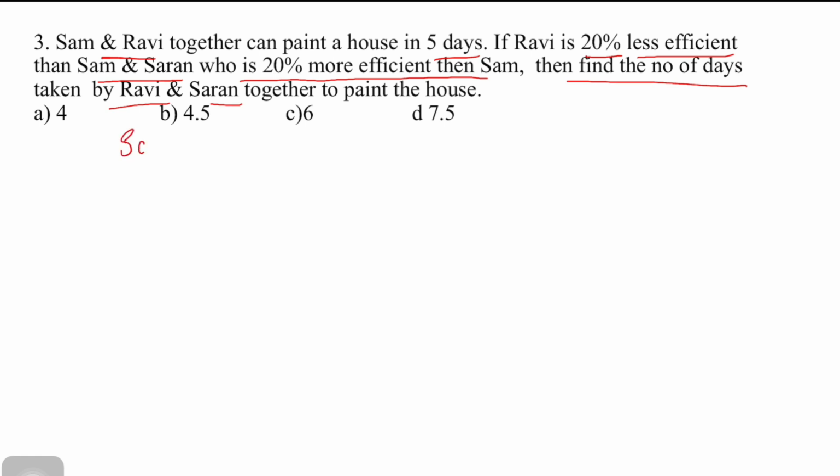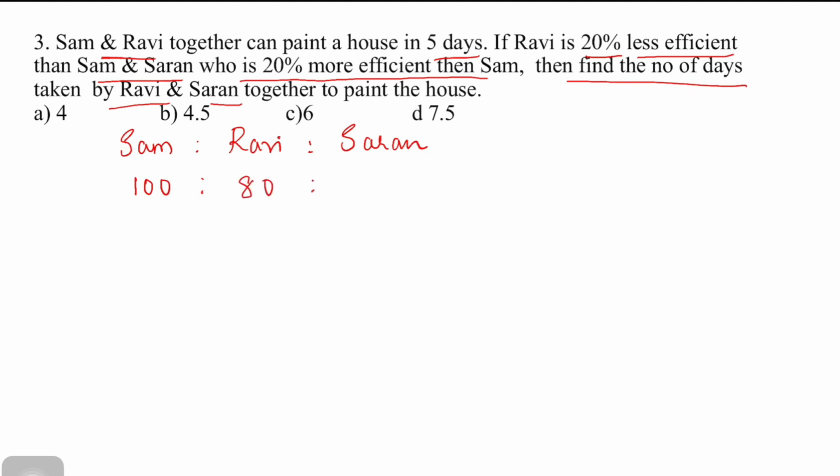So we can establish the ratio between Sam, Ravi and Saran. Ravi is 20% less efficient than Sam and Saran is 20% more efficient than Sam. So Sam's efficiency we can consider as 100. Ravi is 20% less, so it is 80.